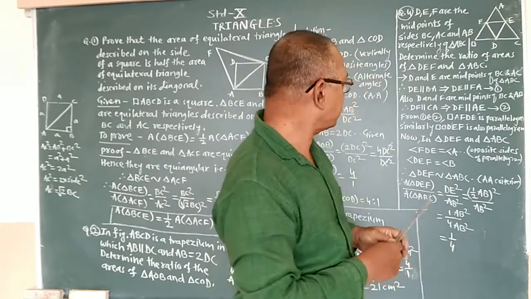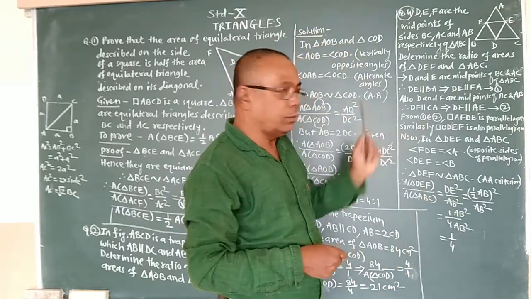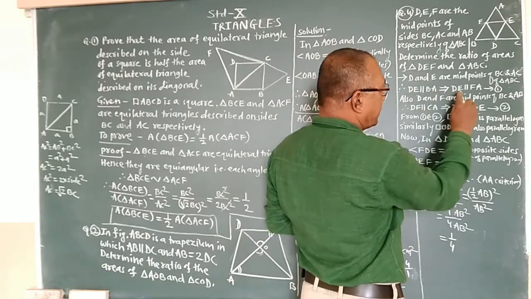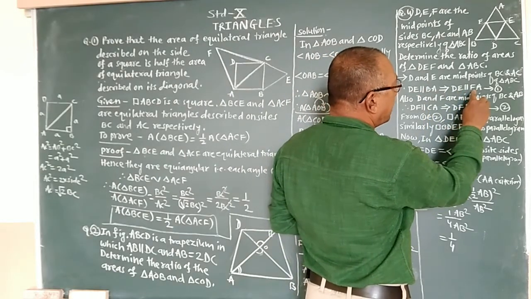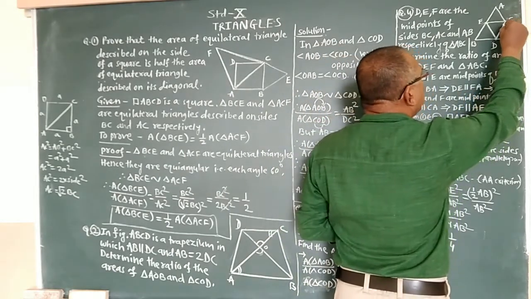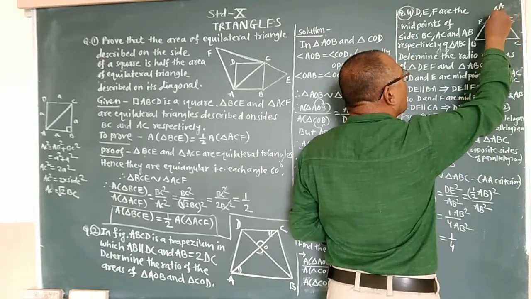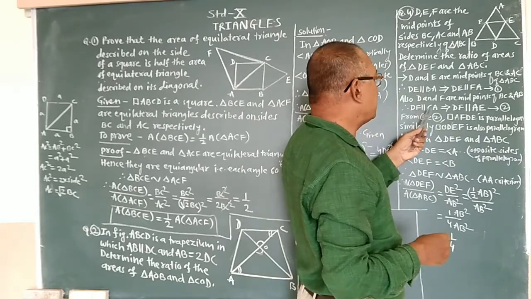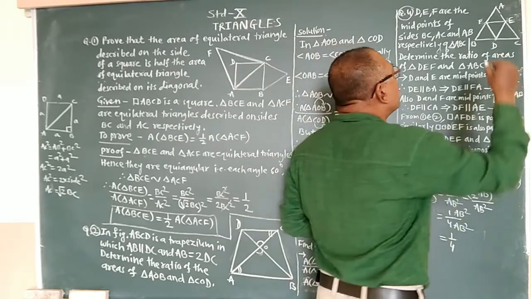And now from equations 1 and 2, DE is parallel to FA and DF is parallel to AE.